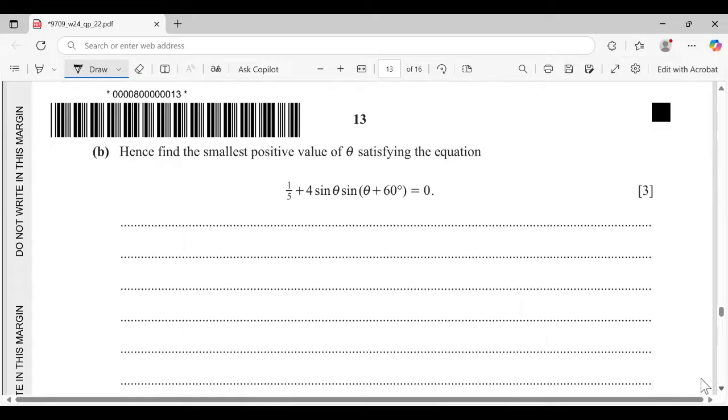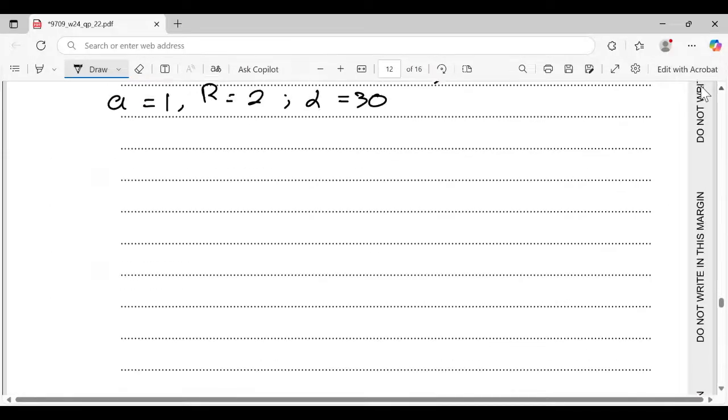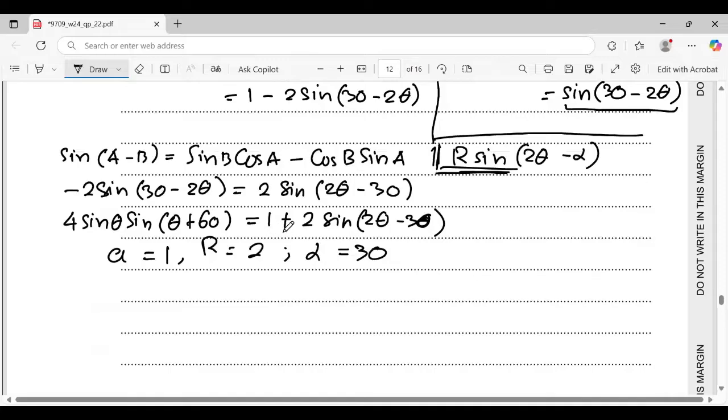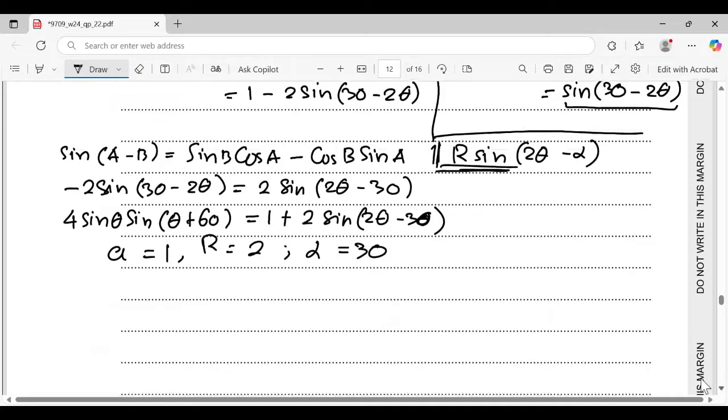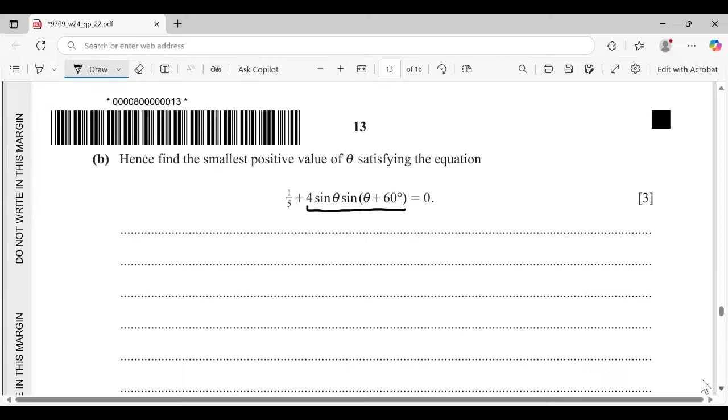Find the smallest positive value of theta satisfying this equation: 1/5 plus 4 sine theta plus 60 equals 0. For this, we have the information from part A. We can write this as 1 plus 2 sine 2 theta minus 30.